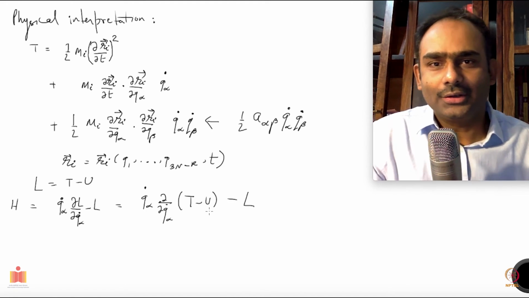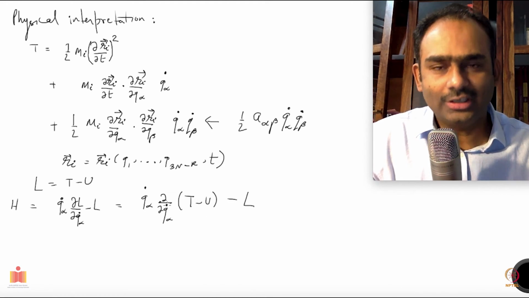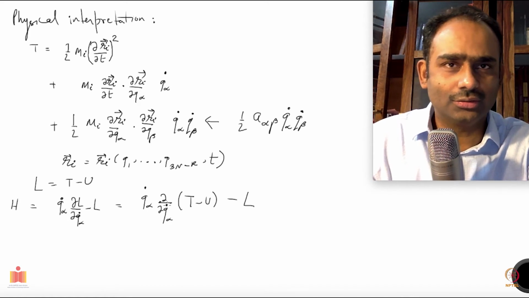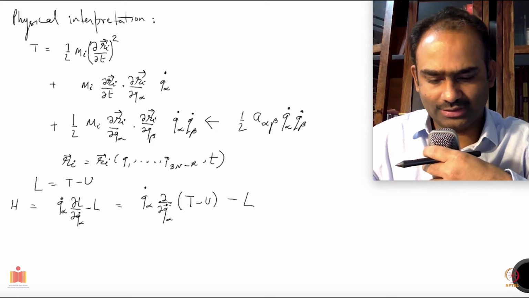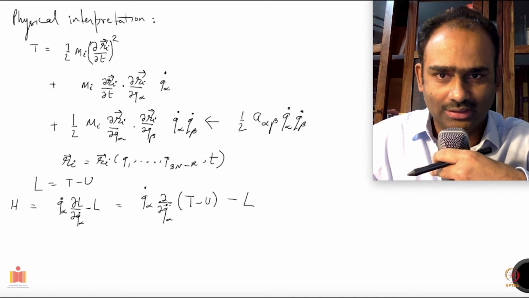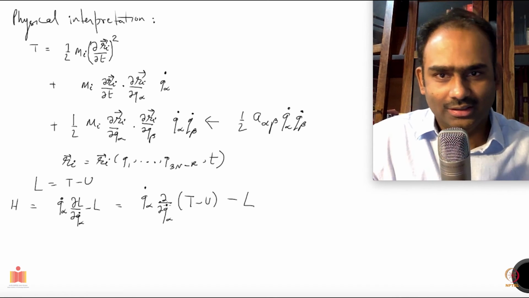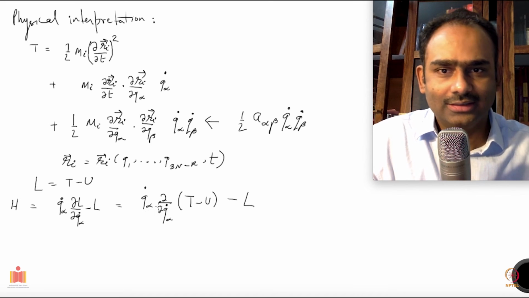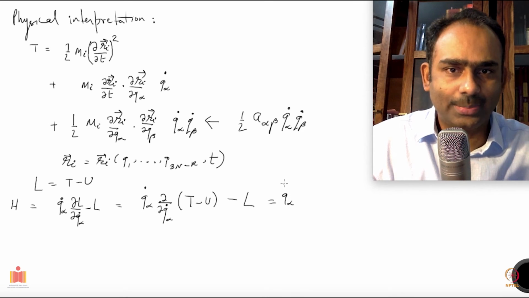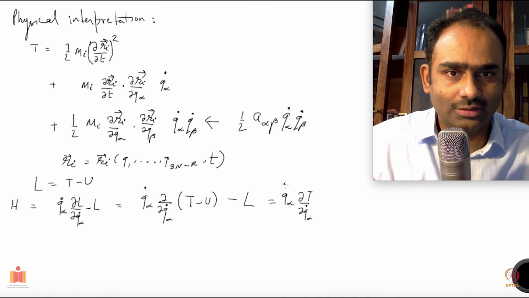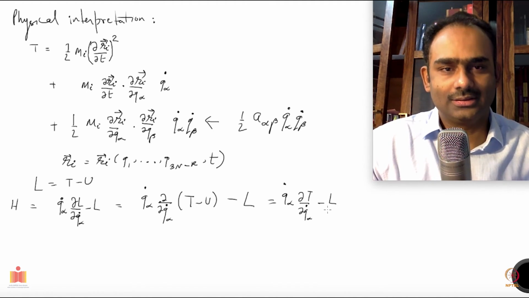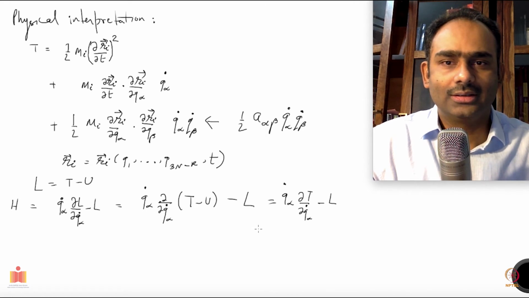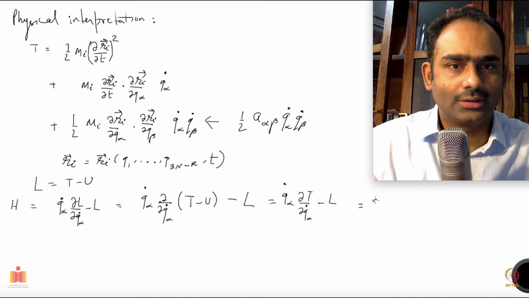Now your U does not depend on generalized velocities. So I'm not looking at those cases where your potential could depend on generalized velocities, for example, electrodynamics. Okay, so that is not being considered here right now. If that is the case, then this is simply Q alpha dot del T over del Q alpha dot minus L.